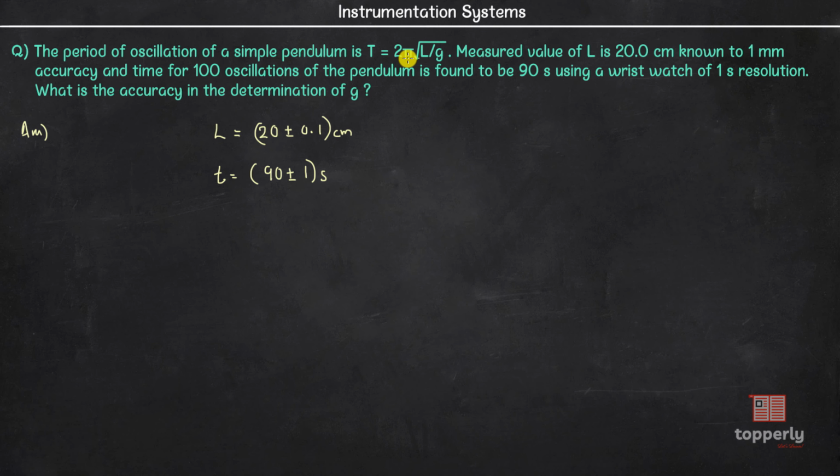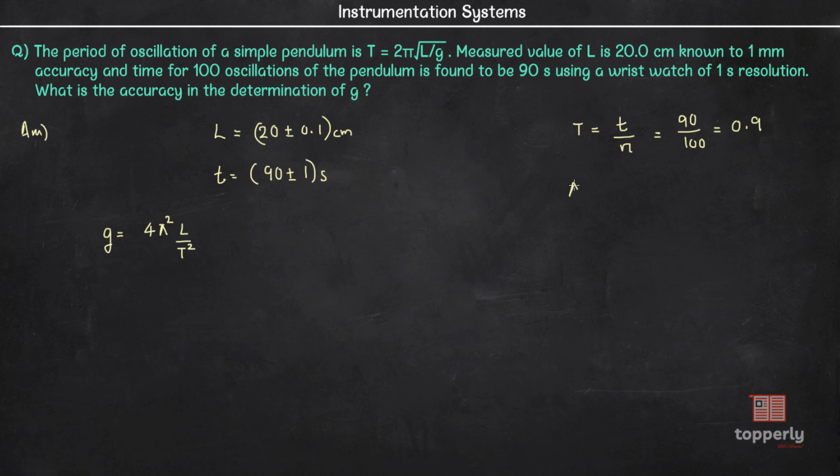Now, using this equation we can write g is equal to 4 pi square into L by T square, and this time period T can be written as time taken for n oscillations by n. In the question, the number of oscillations is 100, and the time taken for 100 oscillations was 90 seconds, therefore 90 by 100, which is equal to 0.9.